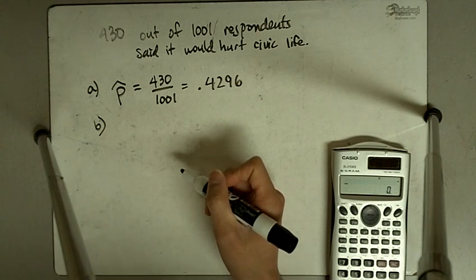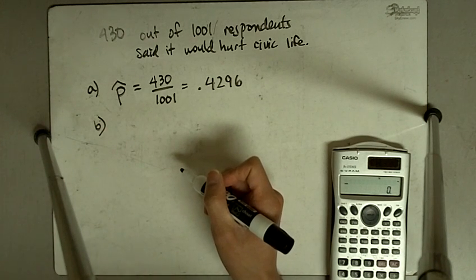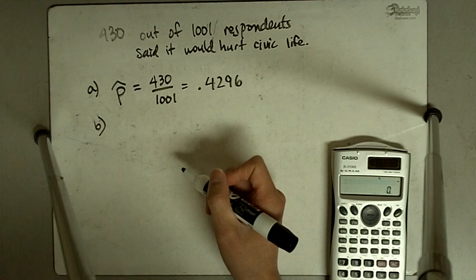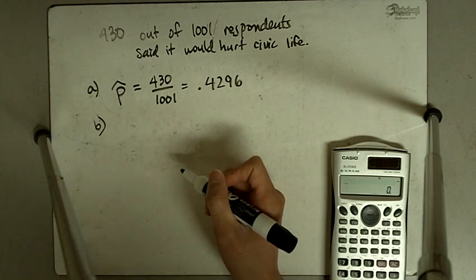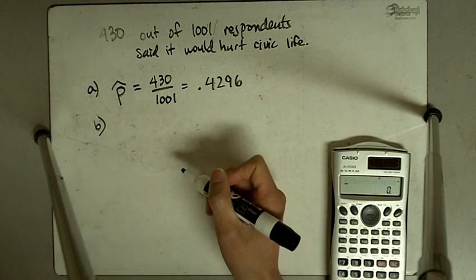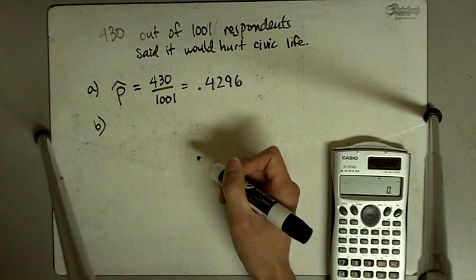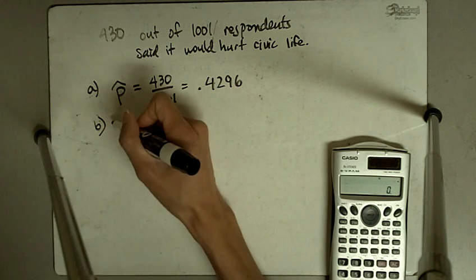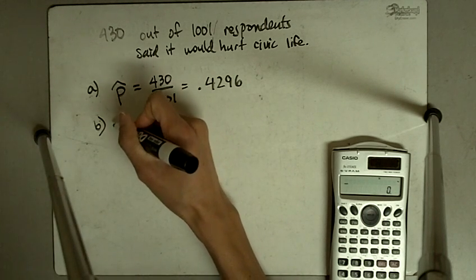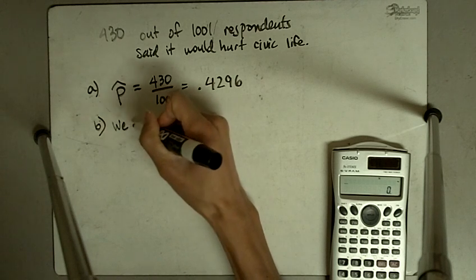Part B says find a 95% confidence interval for the population proportion who believe closing newspapers would hurt civic life a lot. Okay, and assume the Pew random poll is a simple random sample. So we are trying to make a confidence interval.